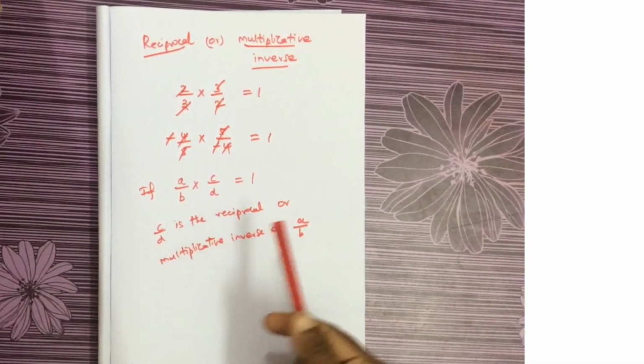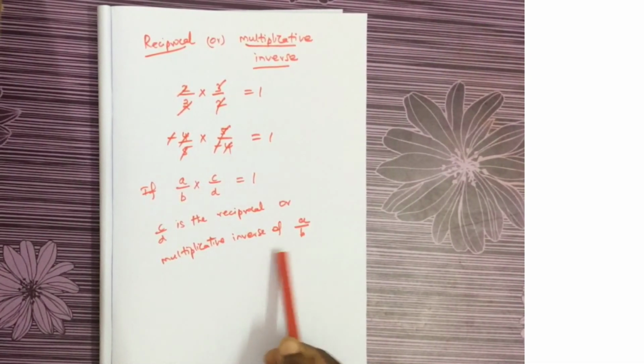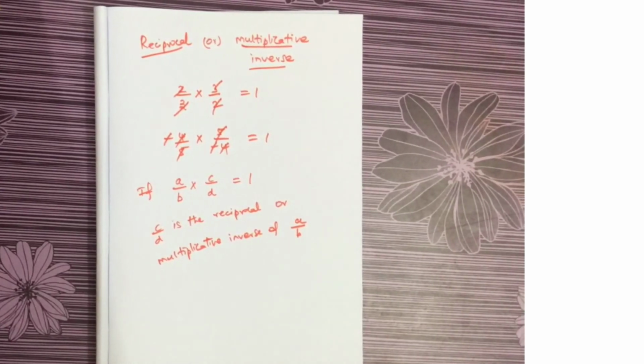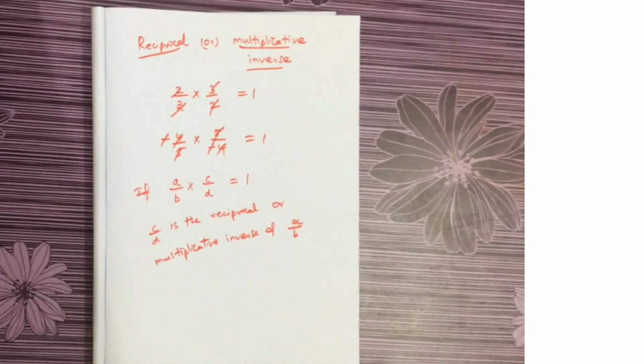So c by d is the reciprocal or multiplicative inverse of a by b. By this we are completing the reciprocal concept.